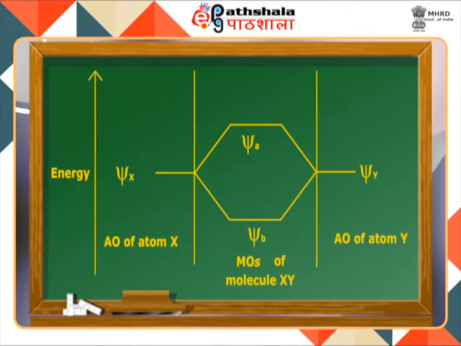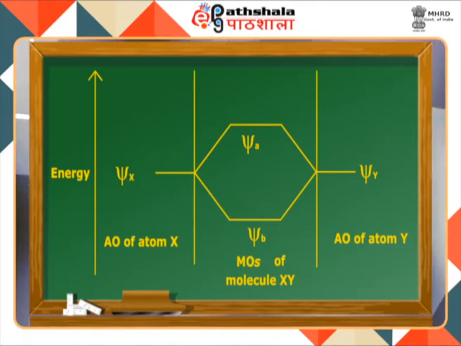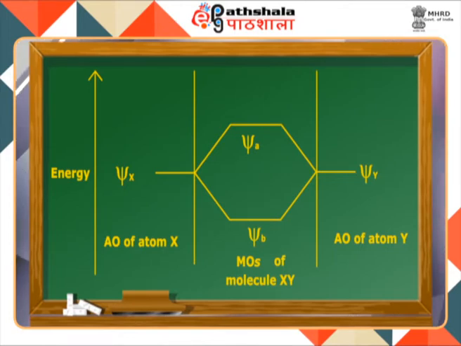Now from this diagram we can see that the atomic orbital of atom X and the atomic orbital of atom Y combine to form the molecular orbital of molecule XY.